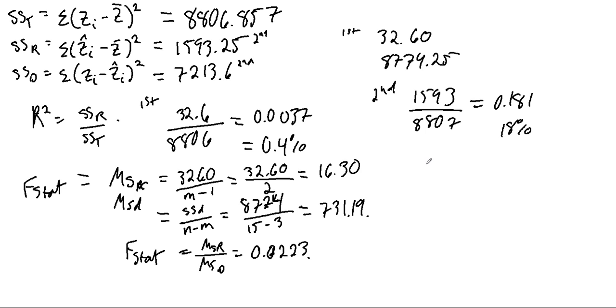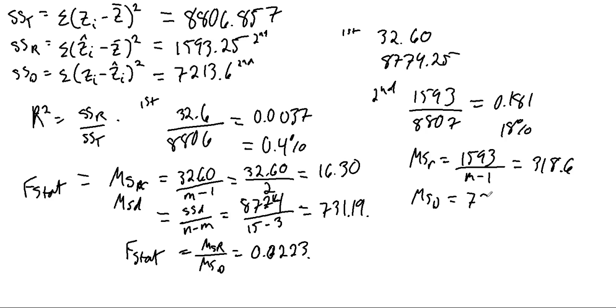My second order, following along with that, my MSR is equal to SSR, so 1593, divided by m minus 1, or 5. And I get an MSR value of 318.6. Then I have to figure out my MSD value for my second order. So my MSD value is the 7213 divided by n minus m.